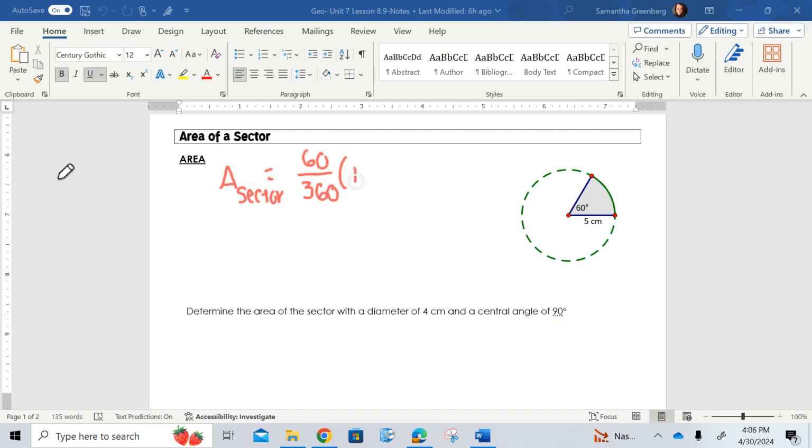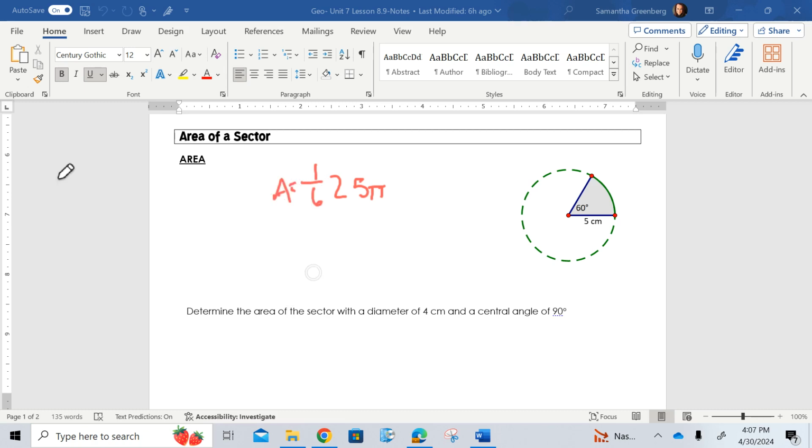But this time we're doing pi times our radius squared. And so 60 out of 360 is still 1/6 pi, and then we did 5 squared, which is 25. 25 pi, 1/6.